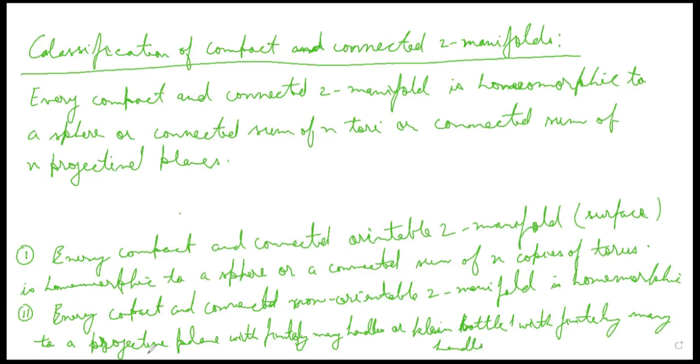So here, every compact connected non-orientable two-manifold is homeomorphic to either a projective plane or a projective plane with finitely many handles, or a Klein bottle with finitely many handles.